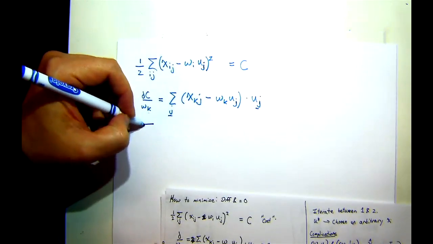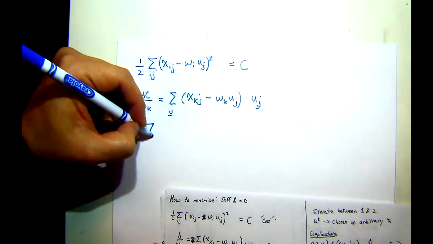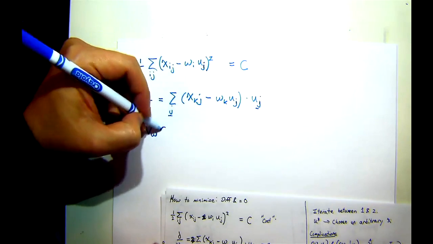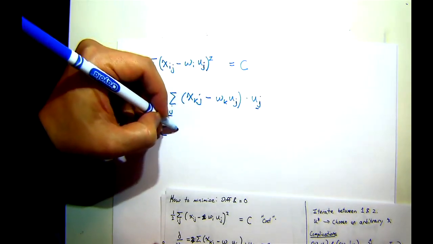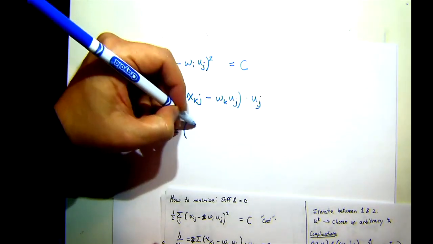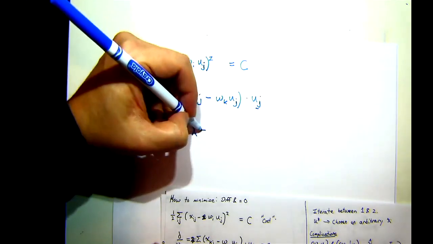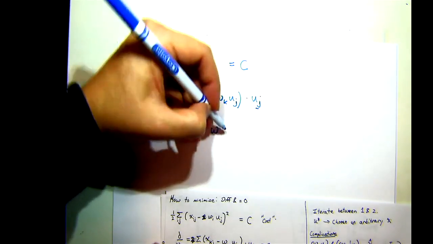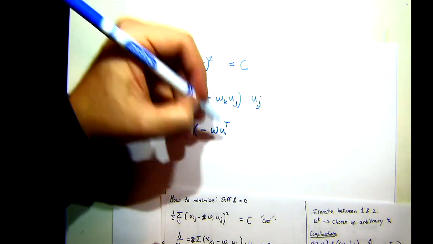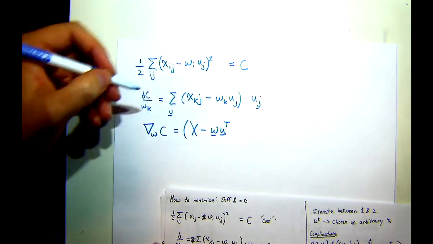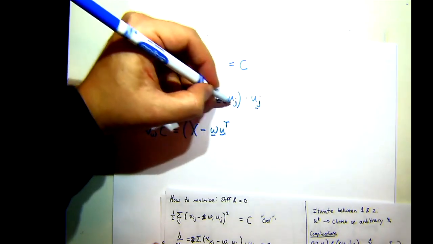We can rewrite this in matrix formulation. If we do the gradient of C with respect to w, we end up with the data matrix times w times u's transpose. So these are both vectors. Basically, these are all vectors at this point.